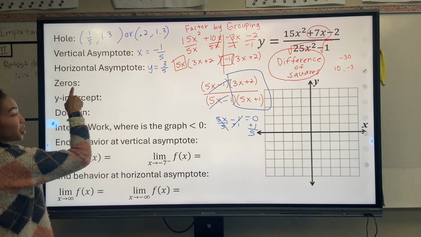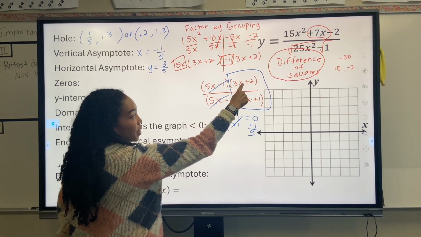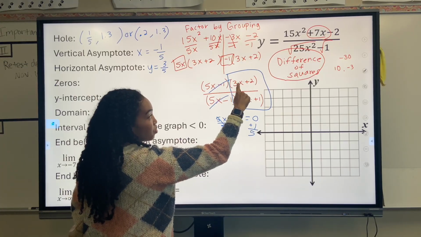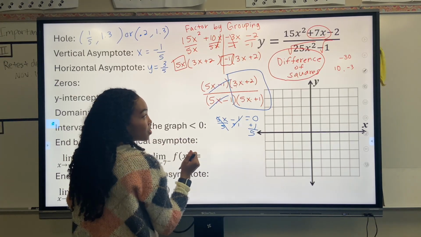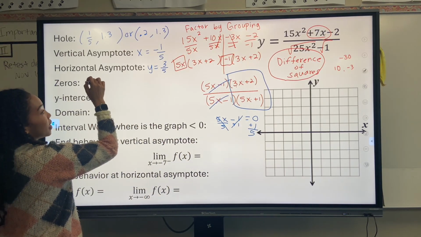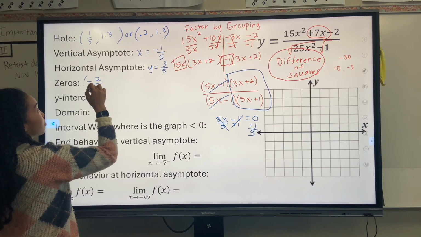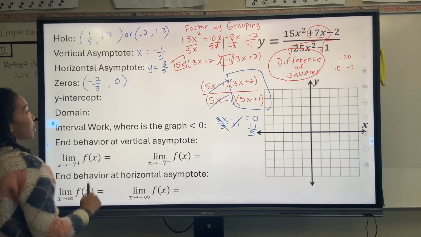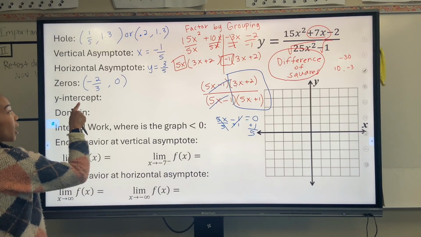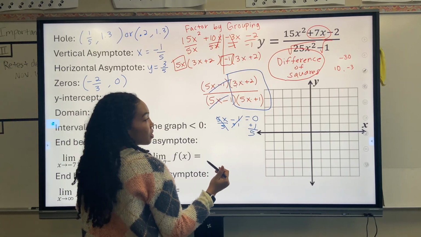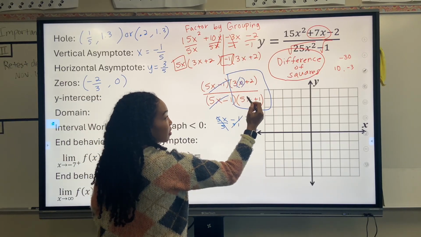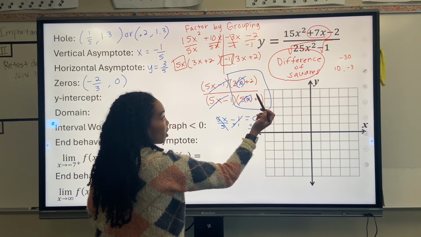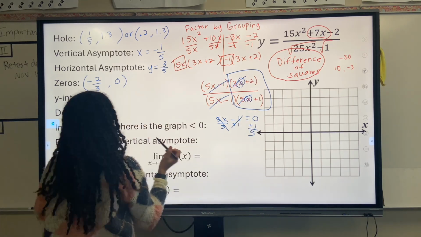To find your zeros, you set the numerator equal to 0 and solve. So if you set 3x plus 2 equal to 0, you will get negative 2/3. That is your x-intercept. For your y-intercept, you just plug in zeros everywhere. So if you plug in a 0 here and here, that's gone, that's gone. You're left with 2 over 1, which is just 2.